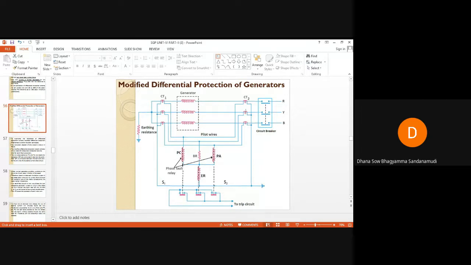So the EMFs induced across the secondaries of the CTs will no longer remain the same, and hence differential current will flow through the pilot wires.